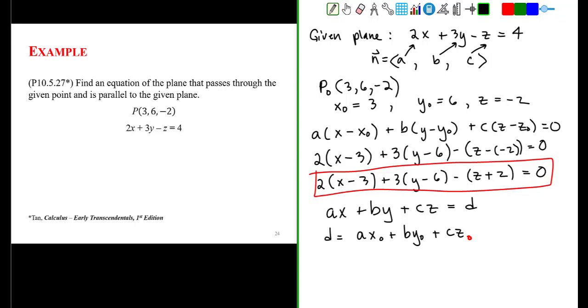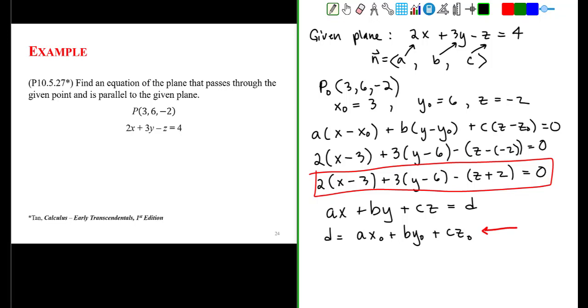But I don't like to memorize formulas. This is another formula I have to put in my head: d equals a x naught plus b y naught plus c z naught. So instead of just plugging into this formula, let's pretend we did not know this formula. That formula exists, but why hold something else in your head when you can just do a little bit of algebra?